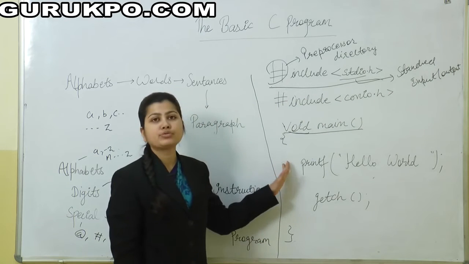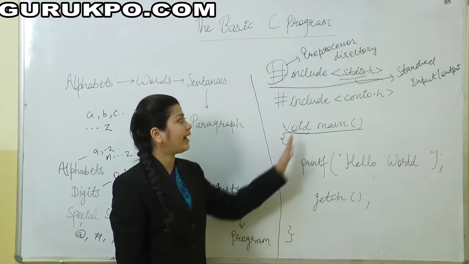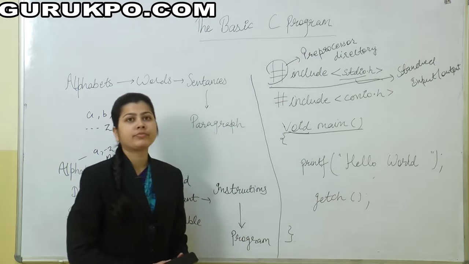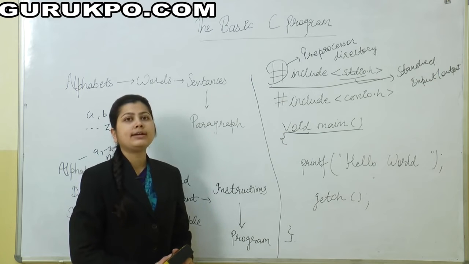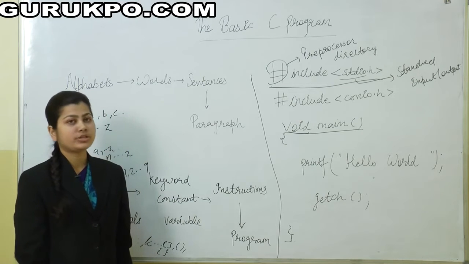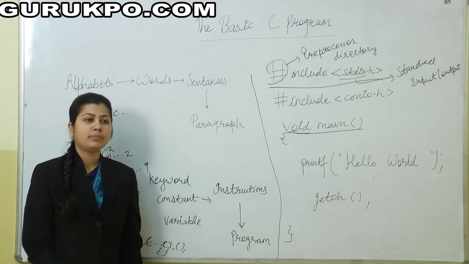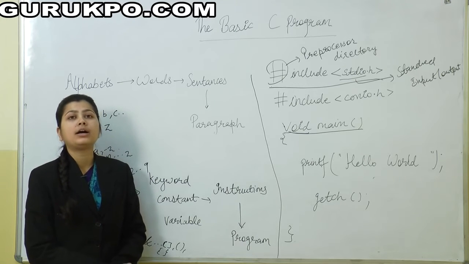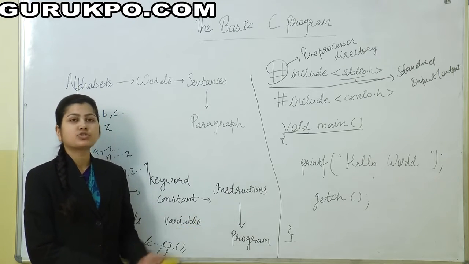Various functions we use in our program are defined in this header file, and .h is the extension of the header file. Similarly, if we create a document in MS Word, the extension is .doc, in MS PowerPoint the extension is .ppt, and in MS Excel the extension is .xls.